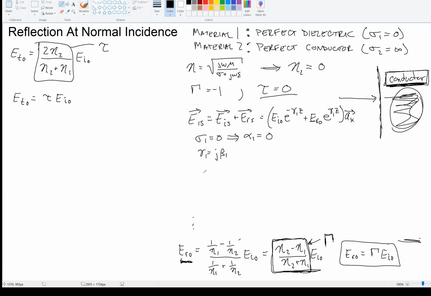So now I can rewrite the total electric field, which I'm calling E1S, as negative E incident. If I pull that out, then I have just e to the j beta 1 z minus e to the minus j beta 1 z, like this. I flipped these around. That's all I did there.